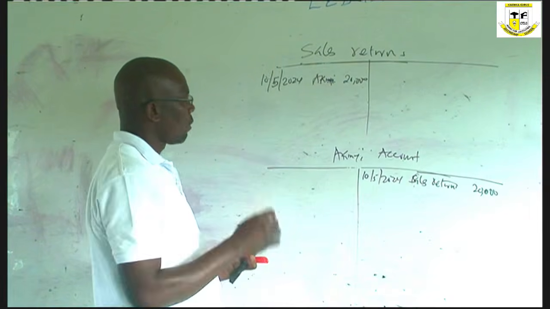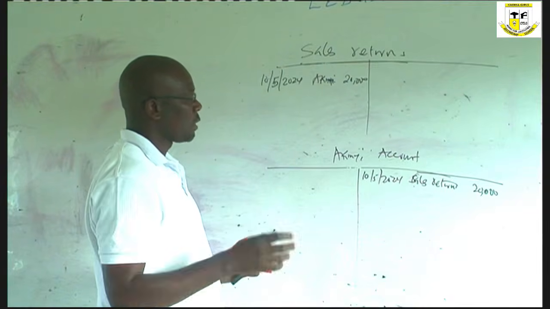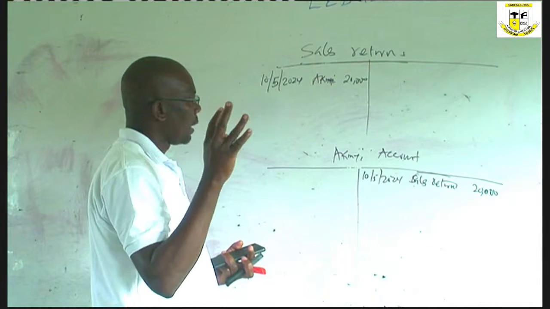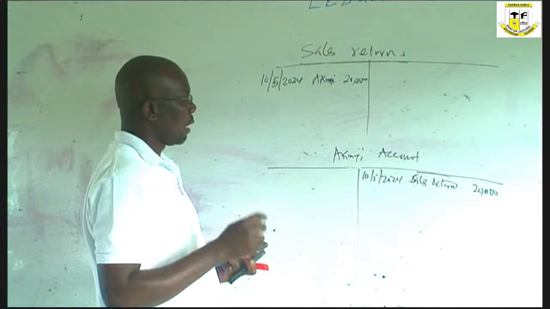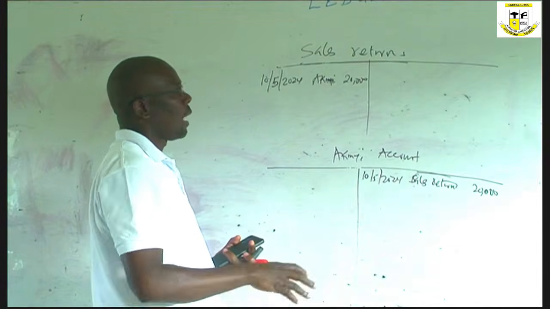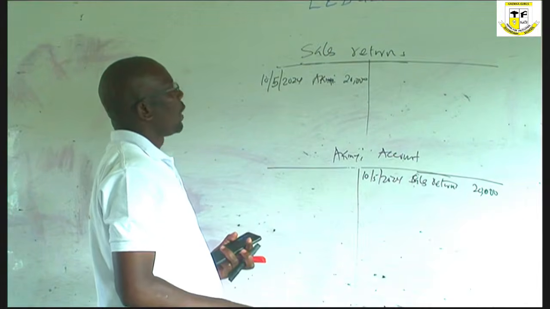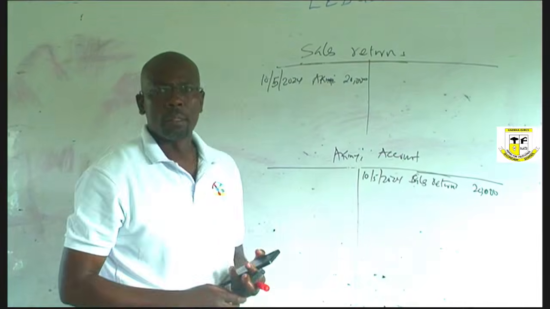So we have several accounts, but remember they fall under the categories that we talked about: the assets, the capital, the expenses, the drawings, and the revenues, and of course the liabilities. We'll have an elaborate example so that we see how we can make entries of those accounts.